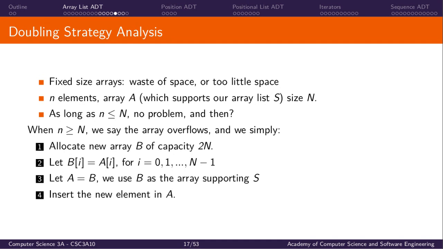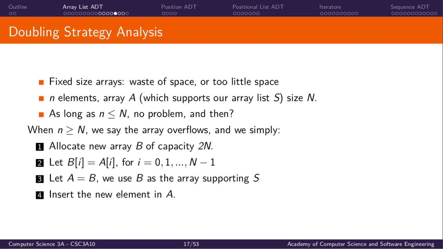All right. So we're fine as long as the number of elements that we're adding to our array, small n, is smaller than the capacity of our array, big N. However, as soon as small n is greater than or equal to big N, then our array is too small, right? If we try to add something over that, we'll end up with this overflow issue. So instead, we'll create a new array. The capacity of our new array will then be 2N, double what the previous capacity was.